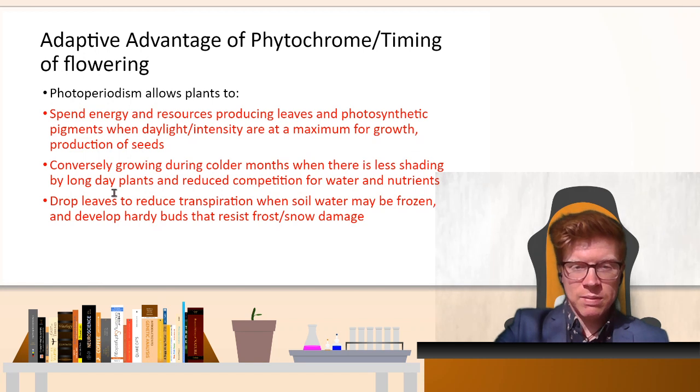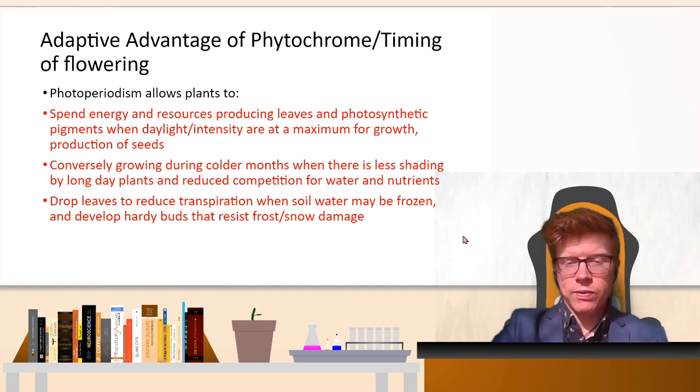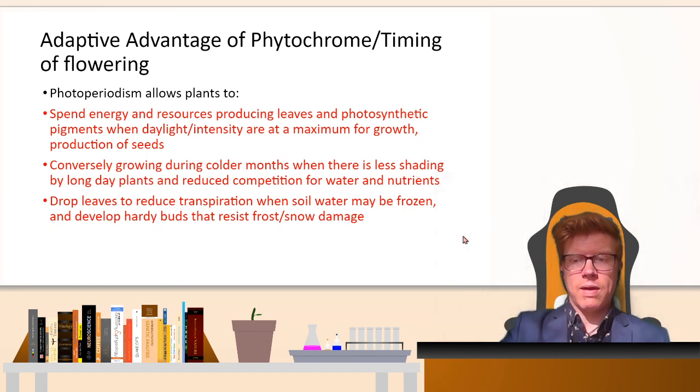There's some detail in here about how during very cold months, in particular when you have high levels of ground frost, you might have an advantage if you are able to drop your leaves, if you're one of a particular kind of plant, to reduce transpiration.